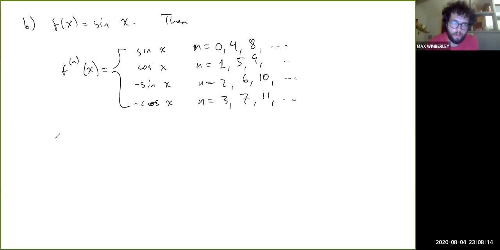So f^(n)(0) can be grouped: if n is even, then f^(n)(0) is just 0. And if n is odd, then f^(n)(0) alternates between being plus or minus 1, right?